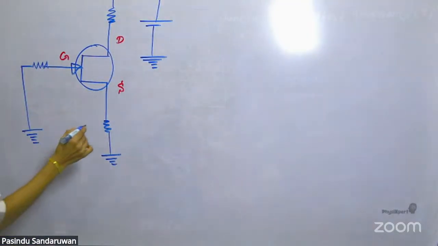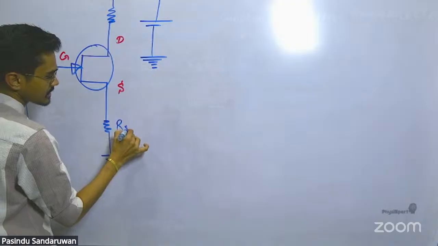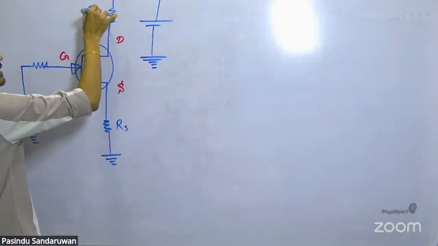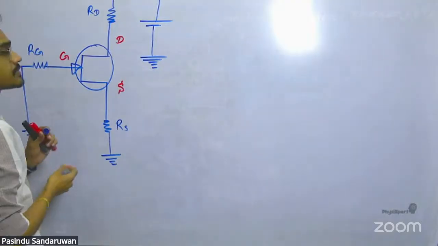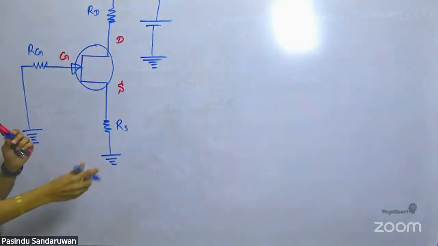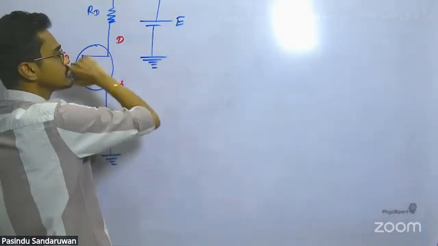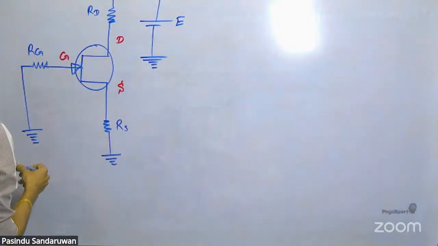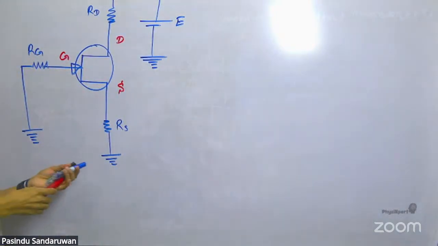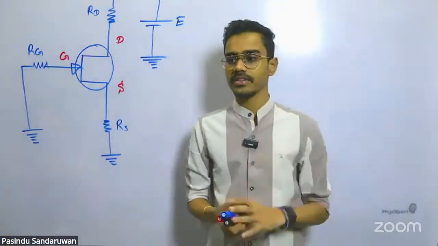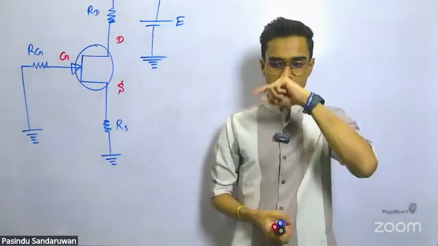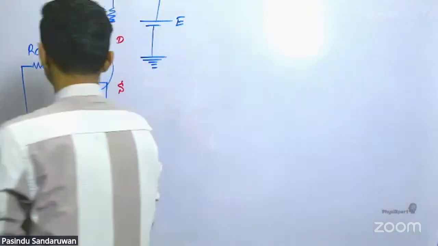Now label this resistor as RS, this as RD, this as RG, this battery as E. Then mark current flows and potential differences.